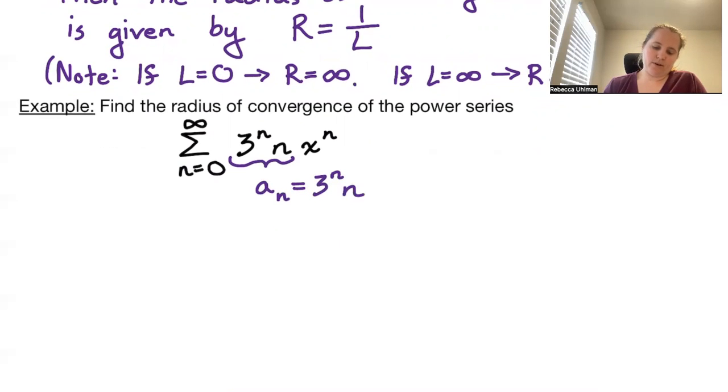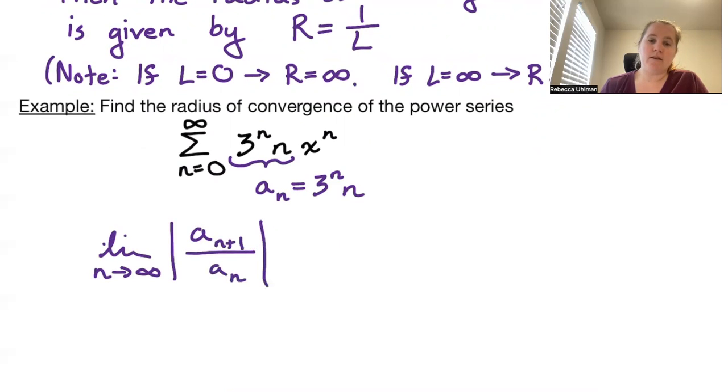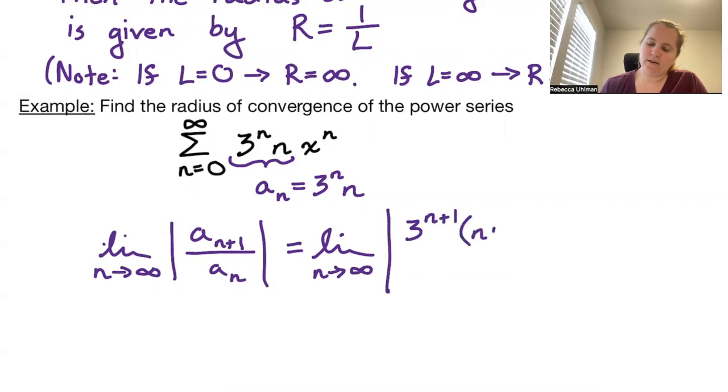So if we want to find the limit as n goes to infinity of the absolute value of a sub n plus 1 over a sub n, this means that we are looking at the limit as n goes to infinity of the absolute value of 3 raised to the n plus 1 times n plus 1 all over 3 to the n times n.